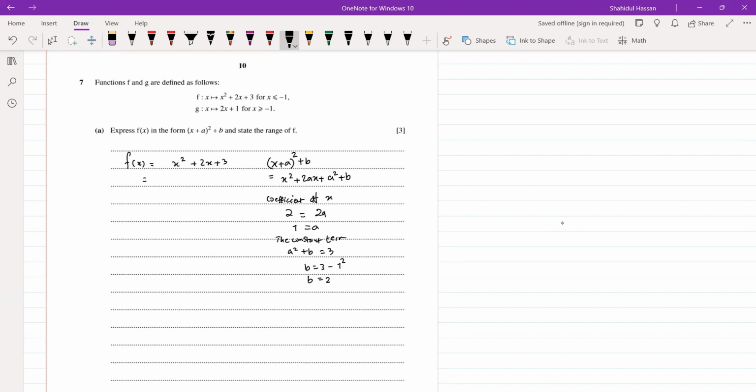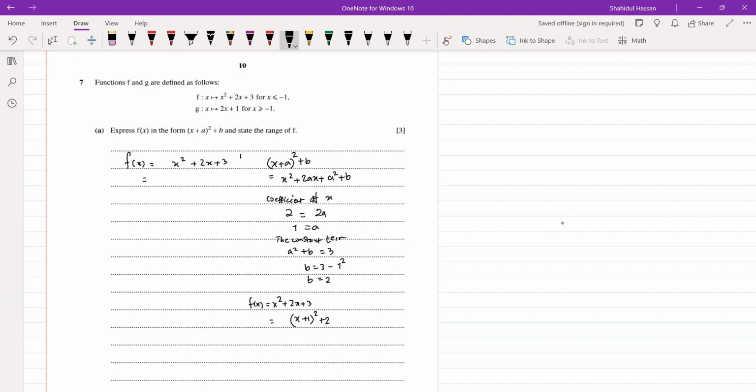So the function x square plus 2x plus 3, which is our f of x, can be written as x plus 1 whole squared plus 2. So this is by expanding the x plus a square.